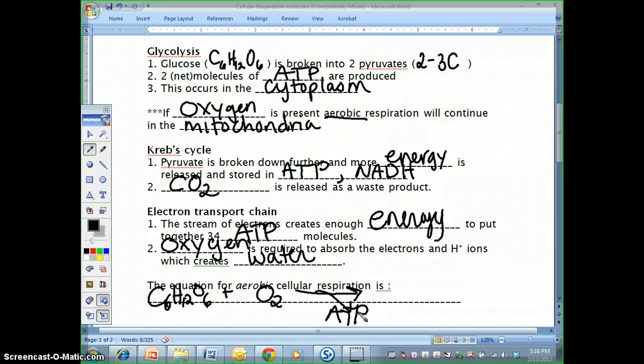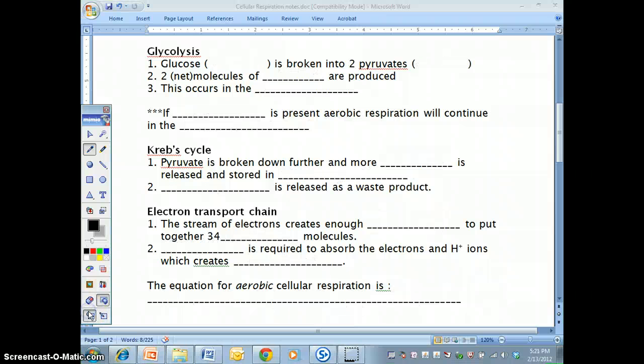So C6H12O6 plus O2 yields ATP, carbon dioxide, plus water. Now this is not a balanced equation. We will talk about balancing it maybe later. And if you remember your chemistry, then you can balance that equation. Okay, so that is aerobic respiration.